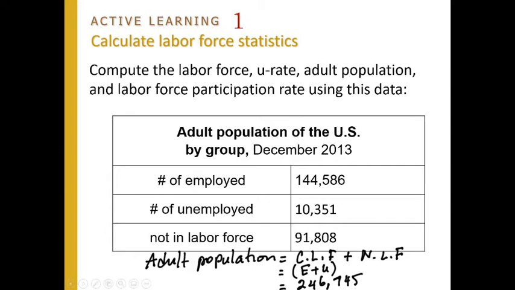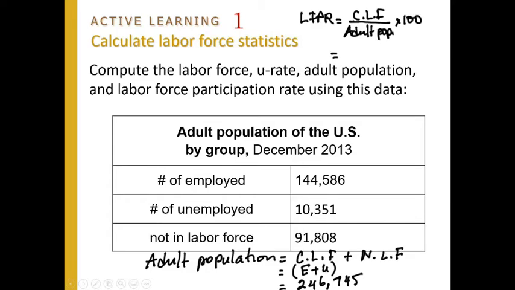Now I can calculate the labor force participation rate. What is the labor force participation rate? Once again, it is the number of people in the civilian labor force divided by adult population times 100.